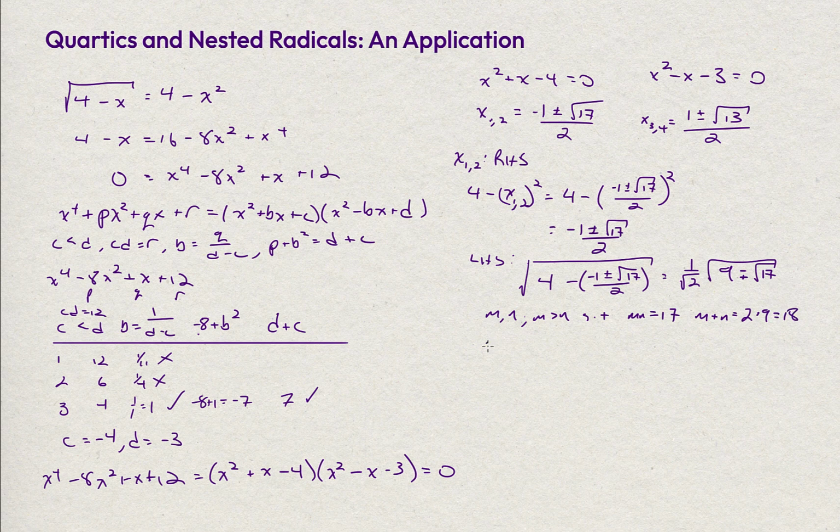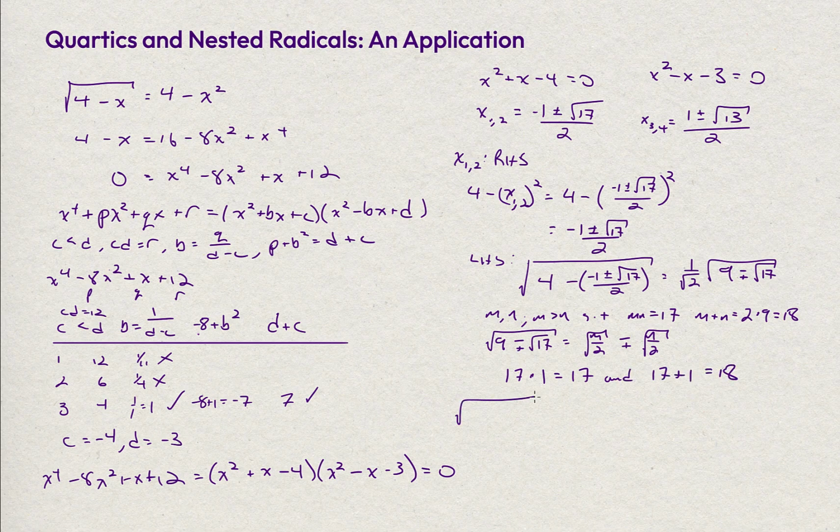If we can find those numbers, then our denesting is going to be square root of m over 2 minus or plus square root of n over 2. And we need m to be bigger than n for precisely the case when there's subtraction there. Well, 17 times 1 is 17, and 17 plus 1 is 18, twice 9.